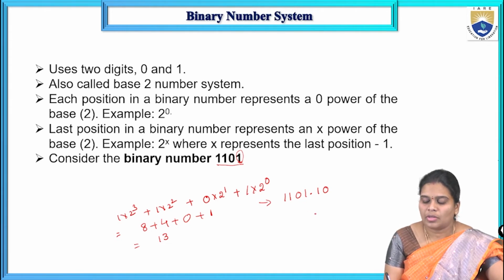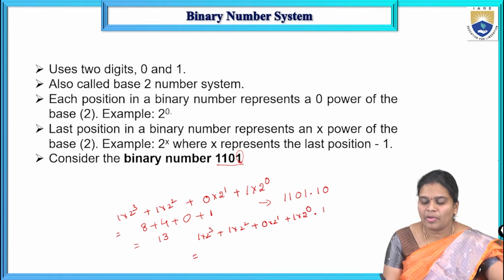First we take the left side values: 1 into 2 power 0, 0 into 2 power 1, plus 1 into 2 power 2, plus 1 into 2 power 3. On the right side we take 1 into 2 power minus 1 plus 0 into 2 power minus 2.